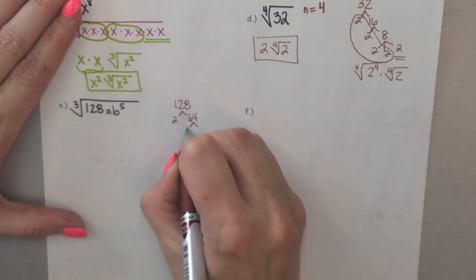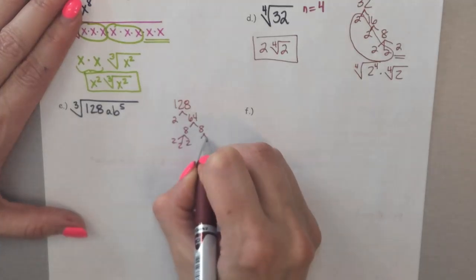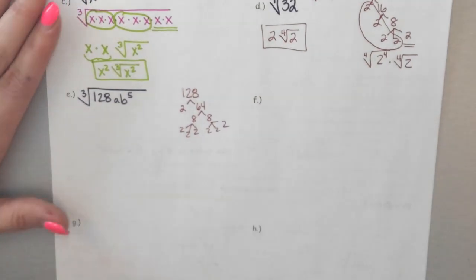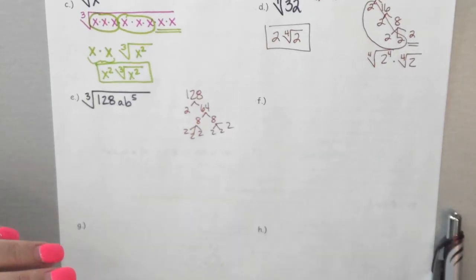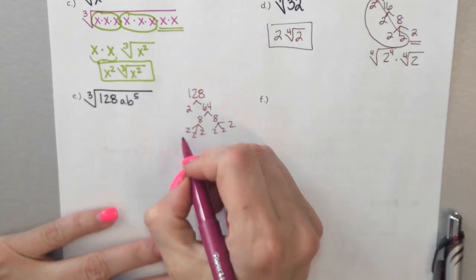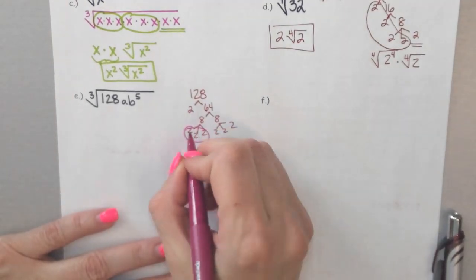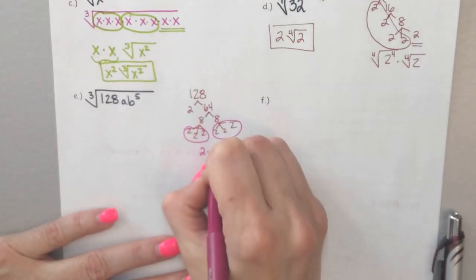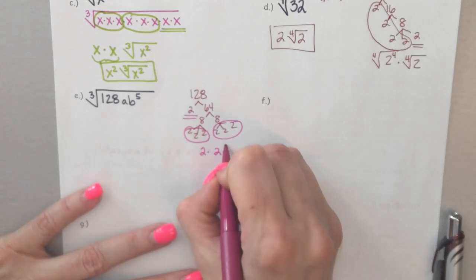Once you get to 64, just do the 8 and 8, because you know those are going to break up into 3 2s. Okay, and then you're looking for groups of 3 here. So you have a group of 3 2s, one's going to come out. You have a group of 3 2s, one's going to come out. And then you have this 2 left over.